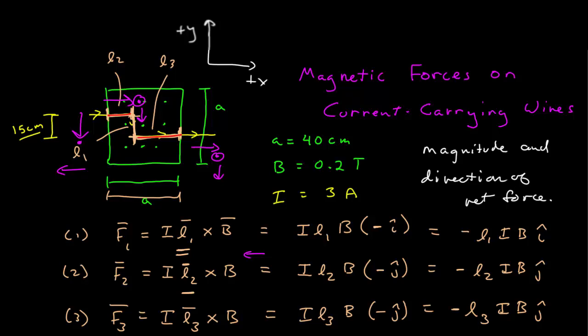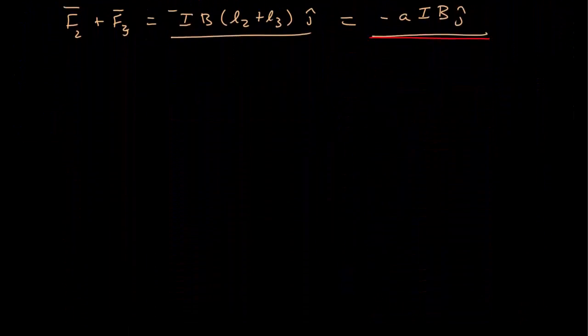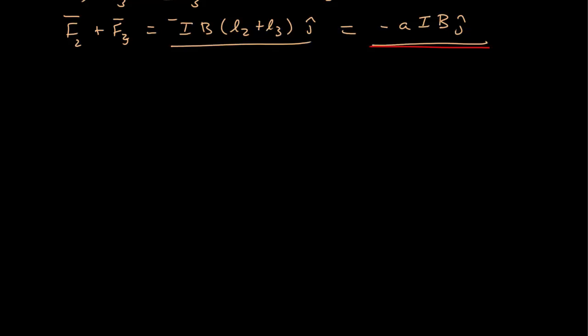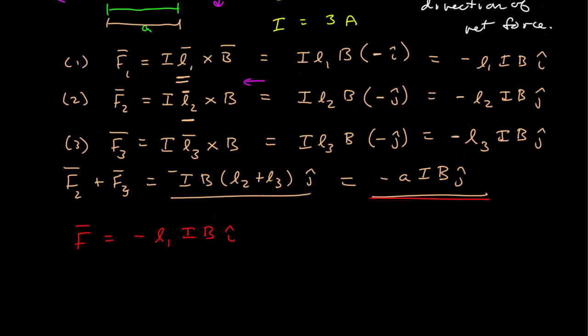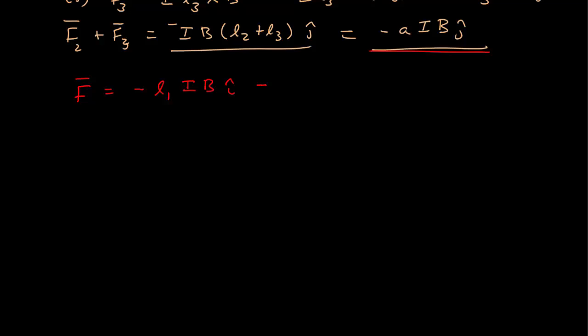All right. So now we have the forces on all the different line segments, and now it's just a matter of summing all the forces. So the net force then is negative L1 I B i hat, remember that was here, minus A I B j hat.